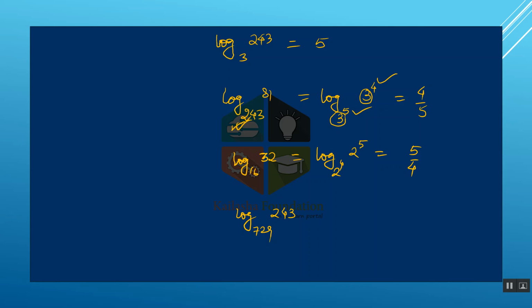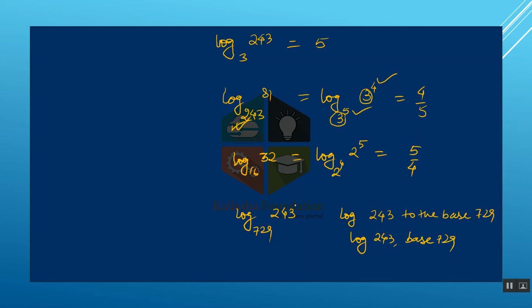Many of you say log 729 243. No, this is not the proper way to pronounce it. You have to say log 243 to the base 729, or for the sake of simplicity you can say log 243 base 729.